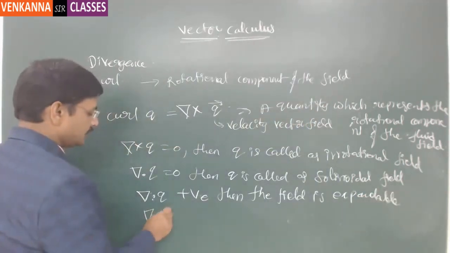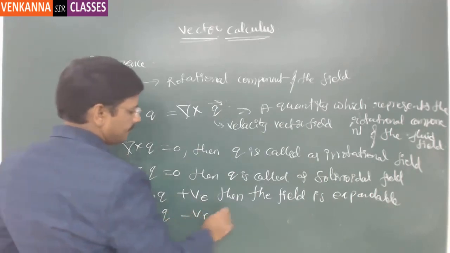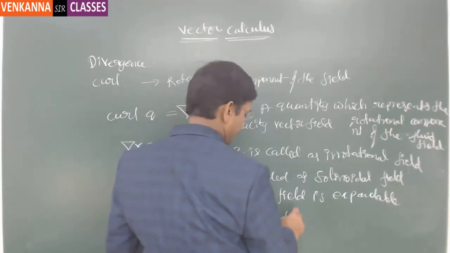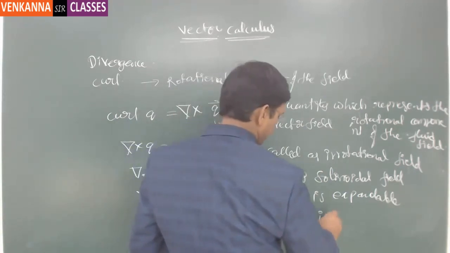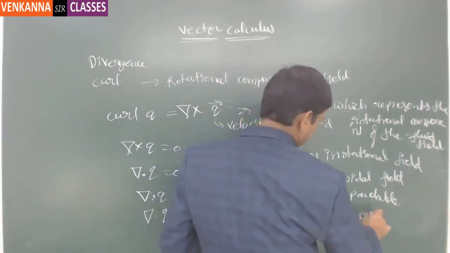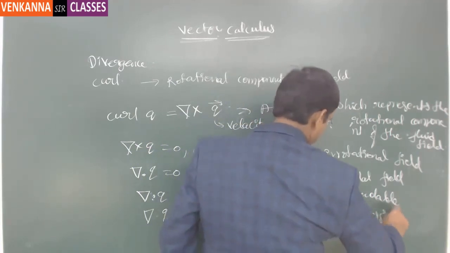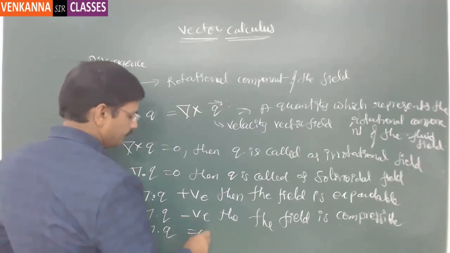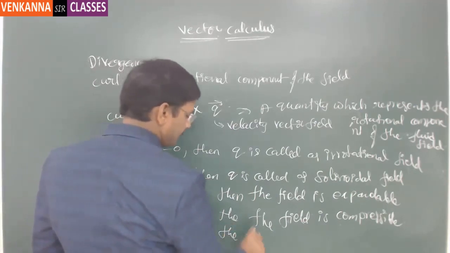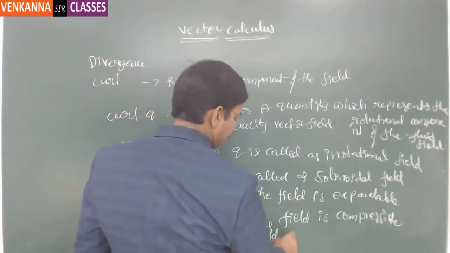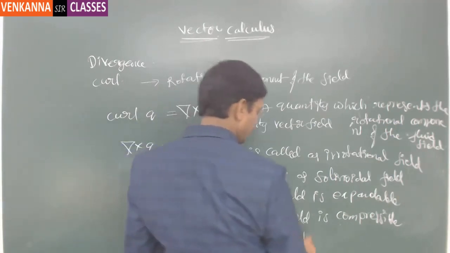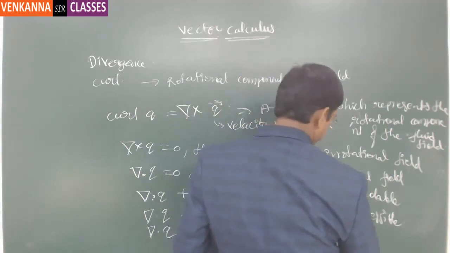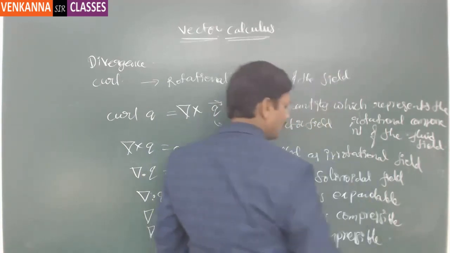If del dot q is negative, then the field is compressible. If del dot q is 0, then the field is incompressible, or solenoidal field.